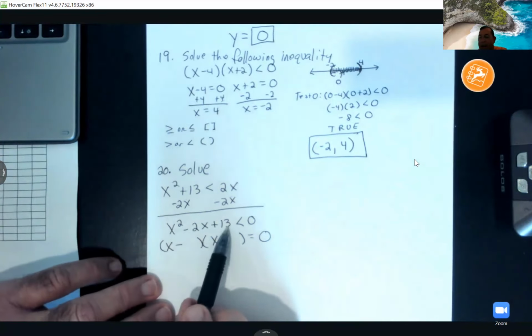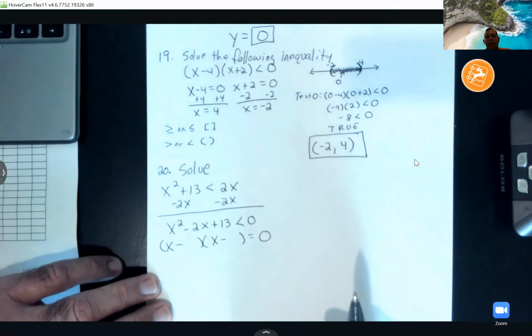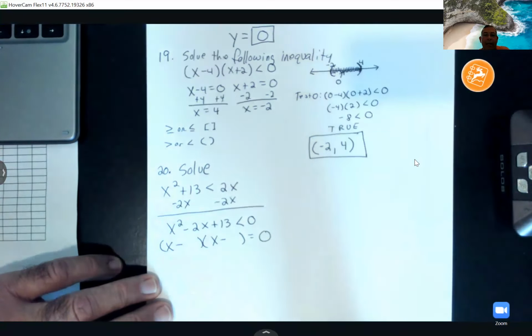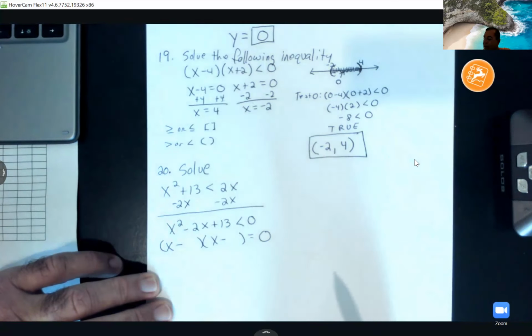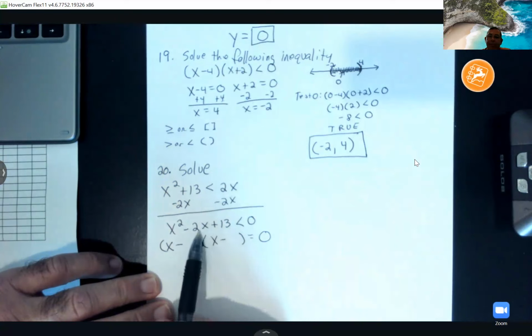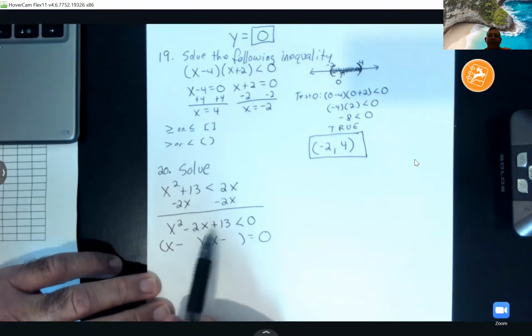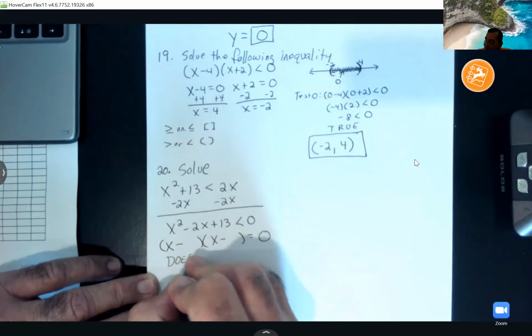Factors of 13, that'll give me a 2. Well, we ain't got one guess on that one because 13 is a prime number. So 13 times 1 is the only option I got. But 13 plus 1 does not give me a 2. So remember, since I can't find factors of 13 that give me 2, this one does not factor.